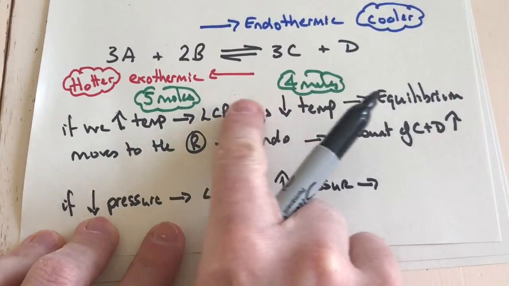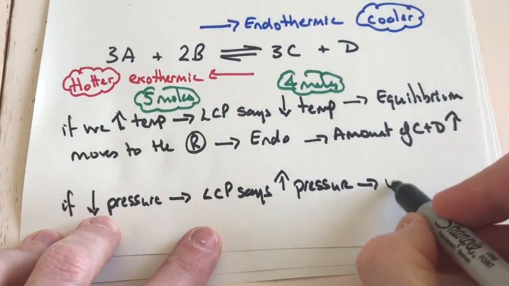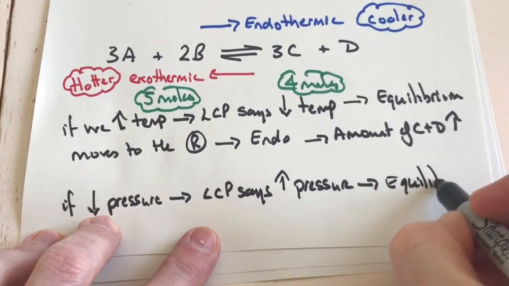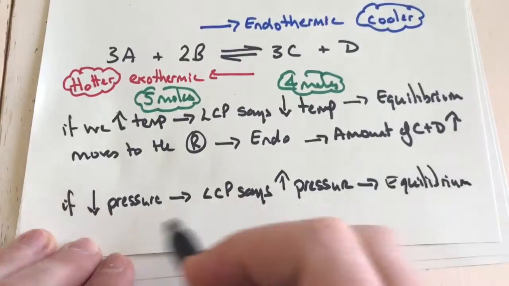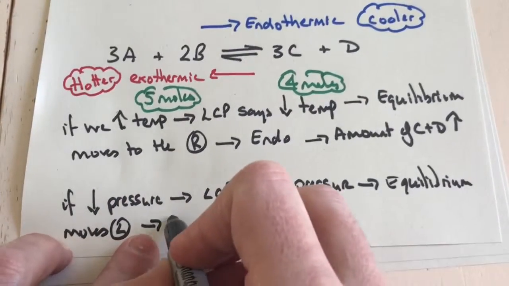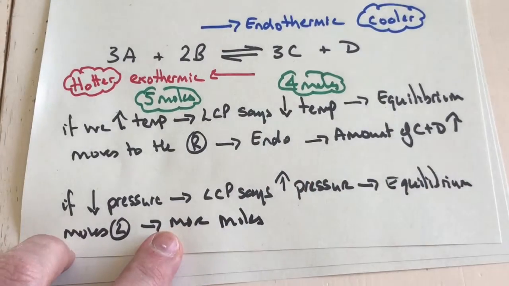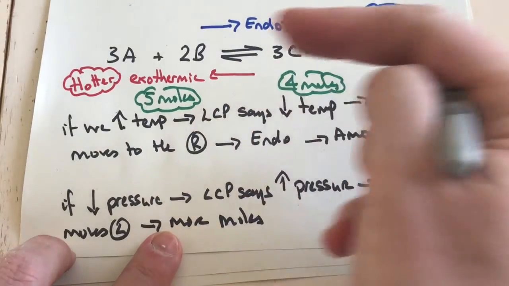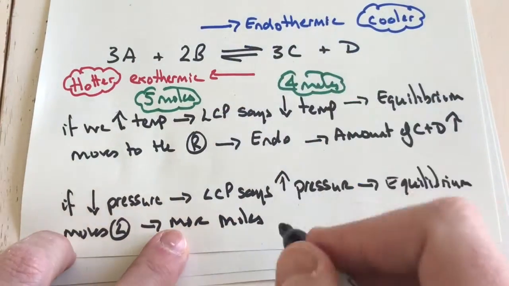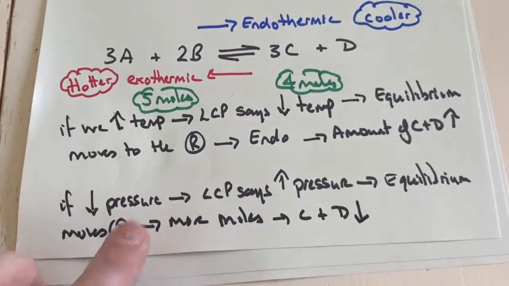To increase pressure, it's going to have to move to the side with more moles, which means the equilibrium is going to move to the left. Why does it do that? Because there are more moles there. We have to always explain why. And what will happen then to the amount of C and D? Well, if it's moving this way, the amount of C and D will decrease.